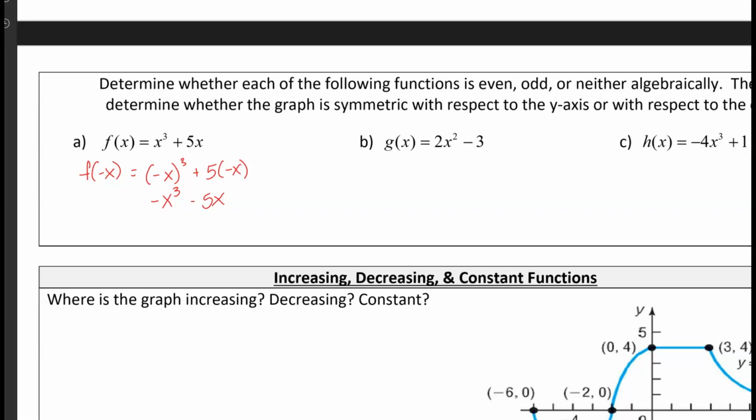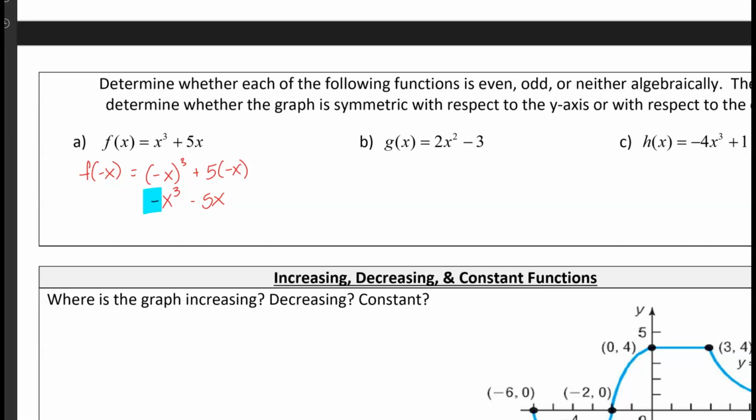So now if I'm checking to see if this is even, what am I looking for? I'm looking to see if this new function I just found is what? Yeah, for them to be equal. For what to be equal?